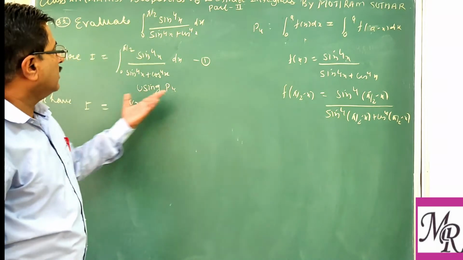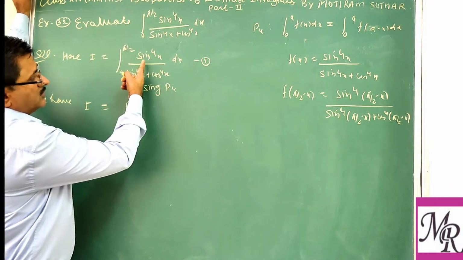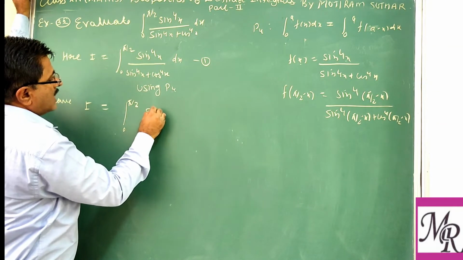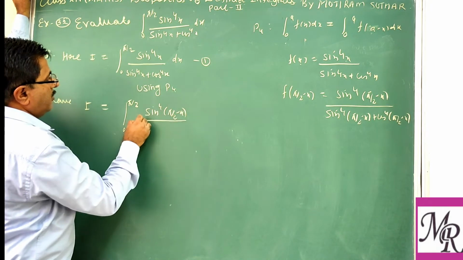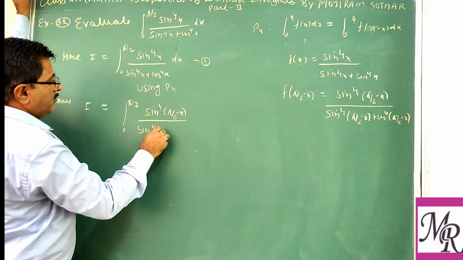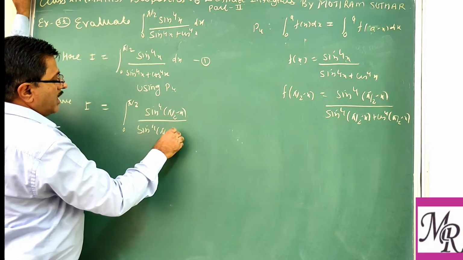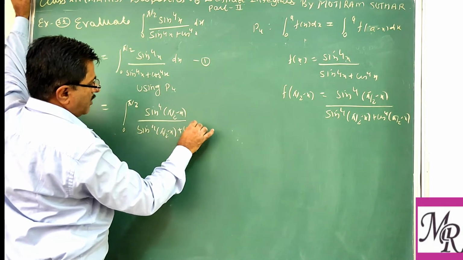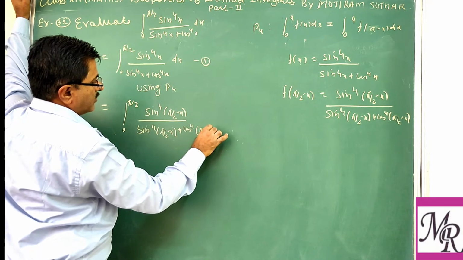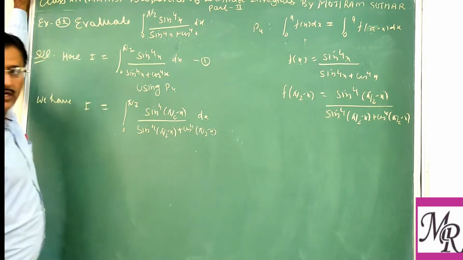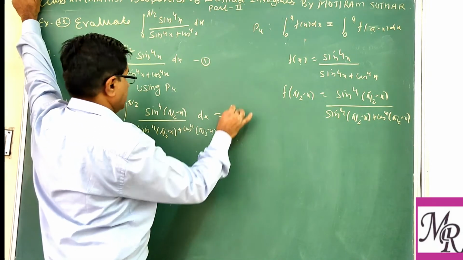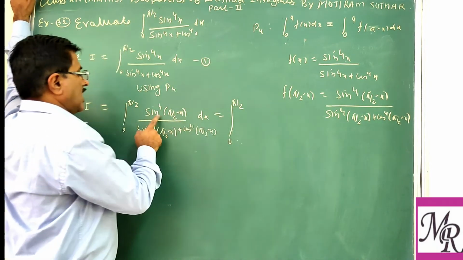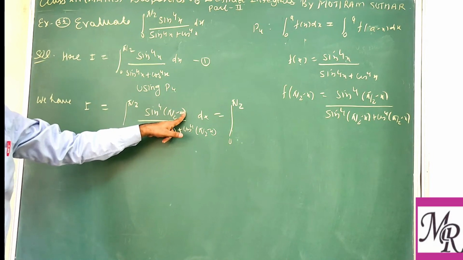So you can write it directly, or separately: sin power 4 of pi by 2 minus x upon sin power 4 of pi by 2 minus x plus cos power 4 of pi by 2 minus x, into dx. Now rewrite this. Sin of pi by 2 minus theta is cos theta.